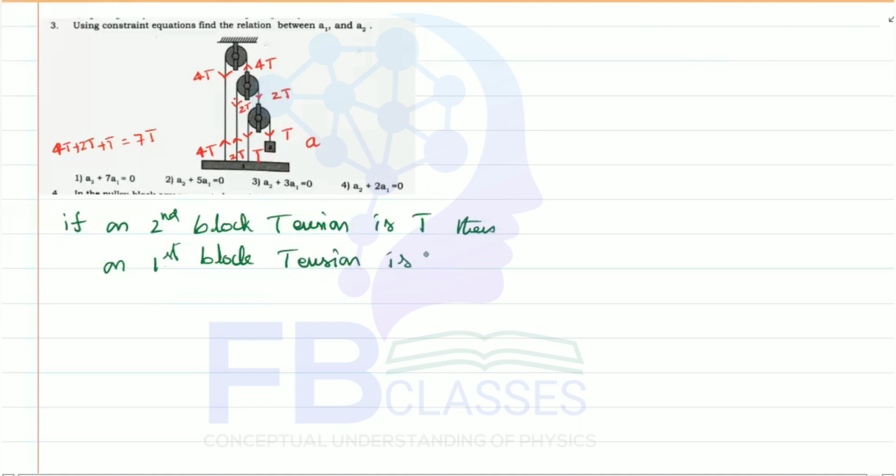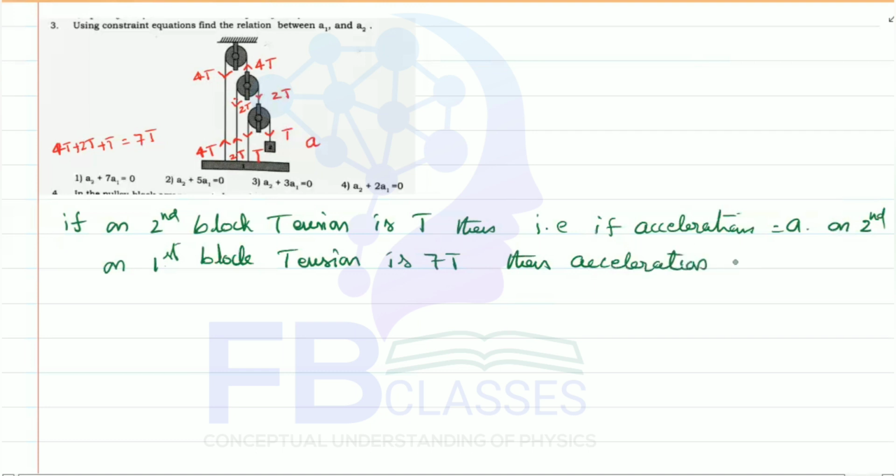In a similar manner, if you want to write the acceleration, if the acceleration on the second block is considered as A2, then the acceleration on the first block becomes 7A. Yes or no? So 7A.